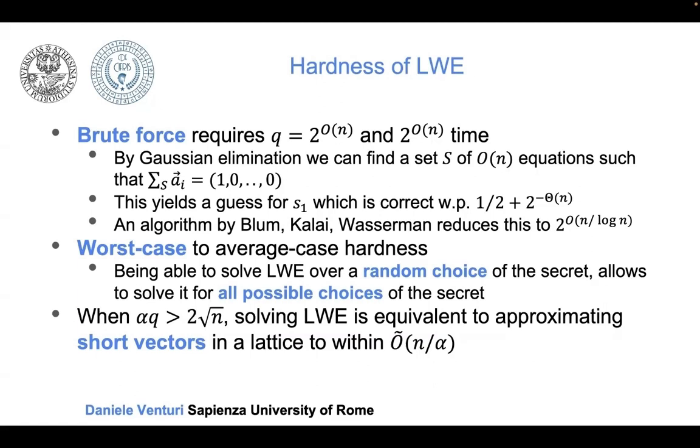Okay, so which means that this problem is a really well-founded assumption. We really believe this problem to be hard. It's not a new problem that we thought of yesterday. It's a problem that is around for centuries, and if this problem would be broken, it would be really surprising.